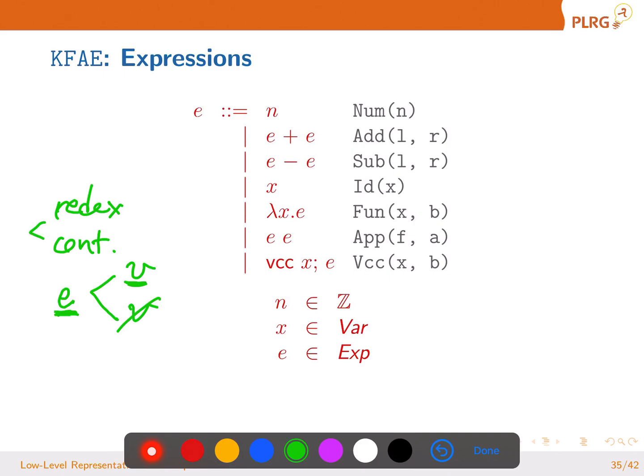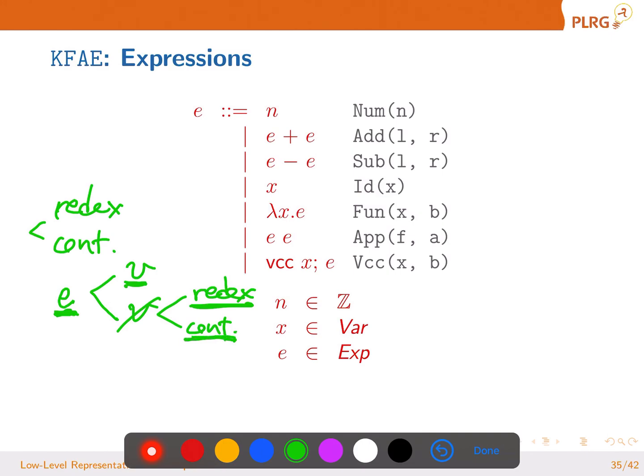When we are done evaluating this expression, it's a value. When it's not yet done evaluating, there are 2 things. What? Redux and continuation. Redux is the first thing to evaluate in this expression, and continuation is the remaining thing.